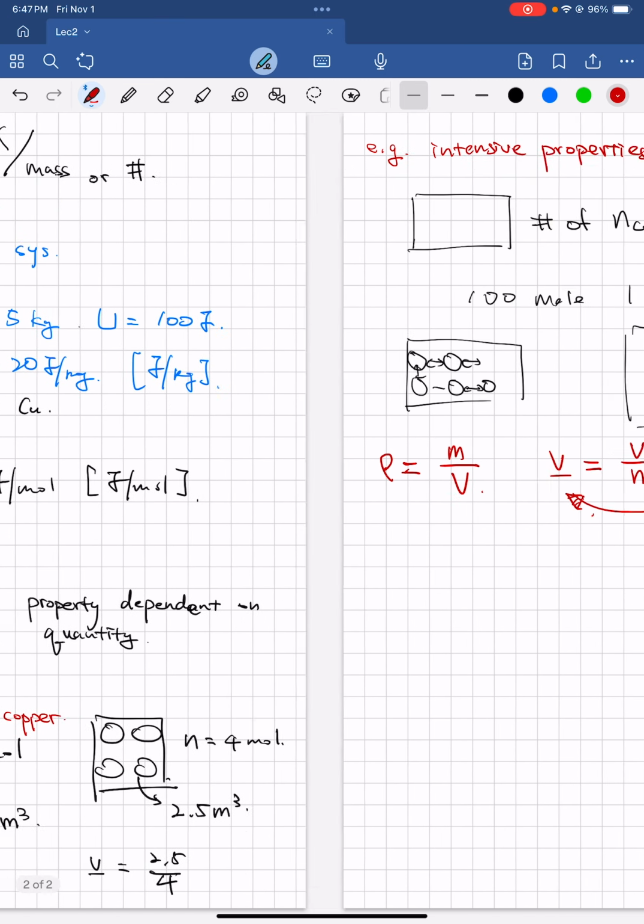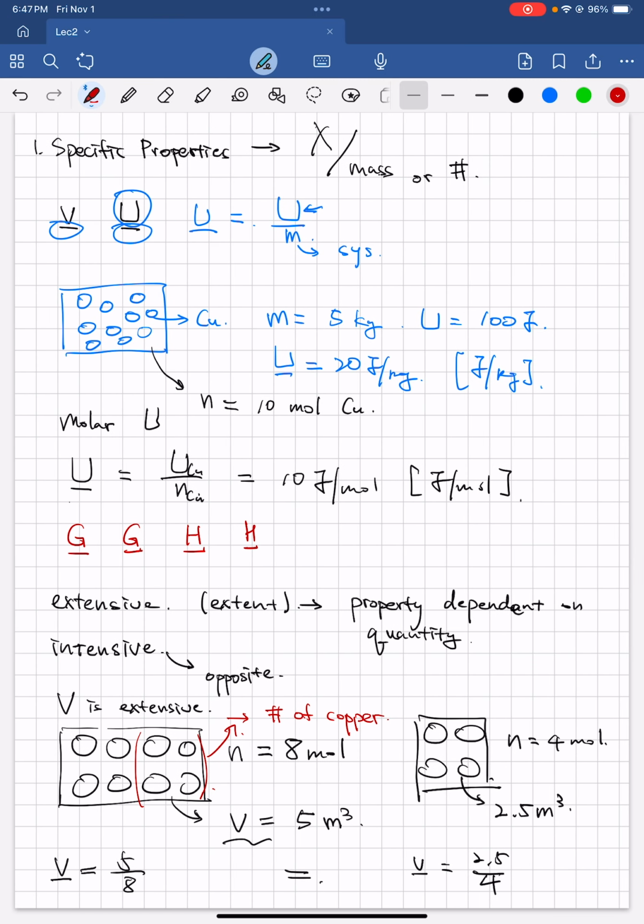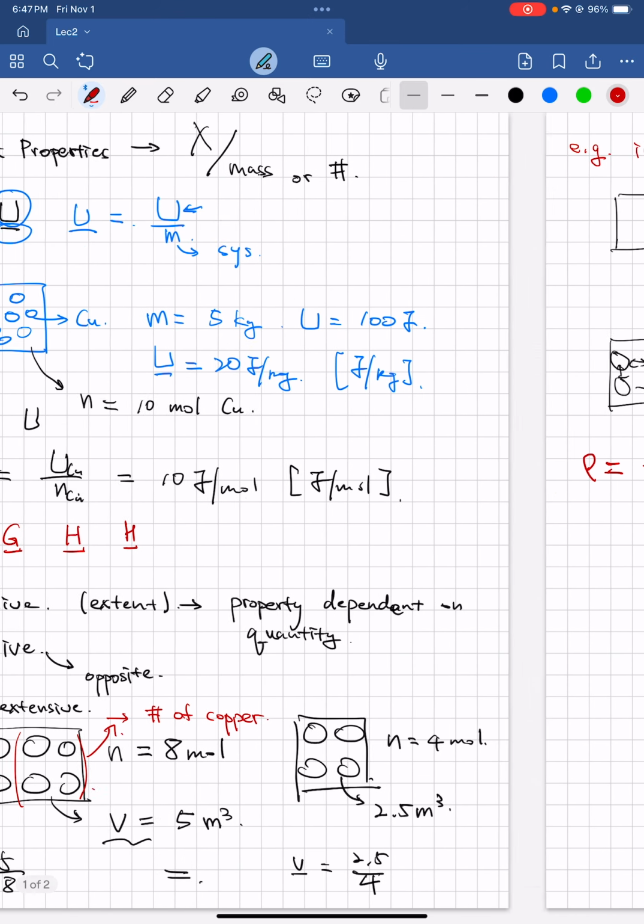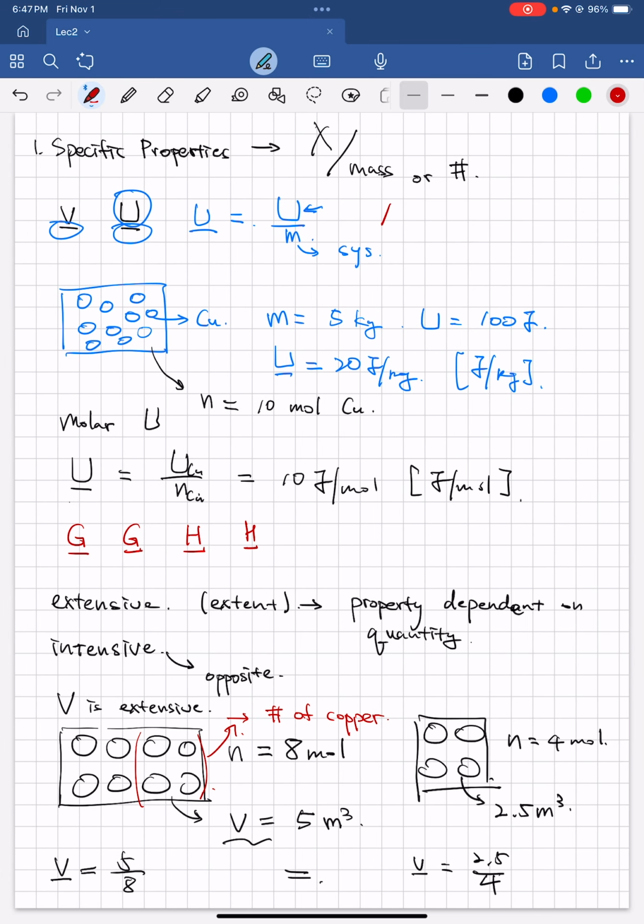Okay. So much for specific properties. And remember that here you divide by mass or number, right? This is practically the same thing. In physics or science, you have to think of these as very, very similar concepts.